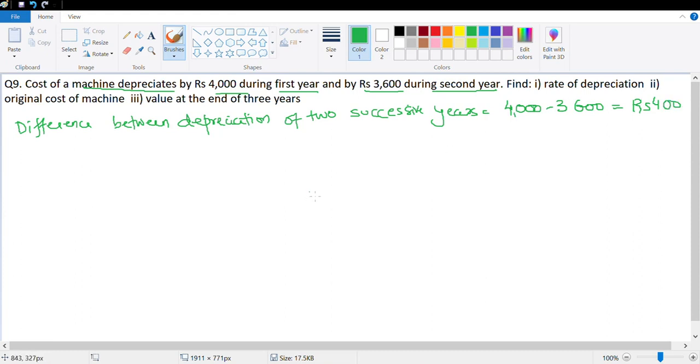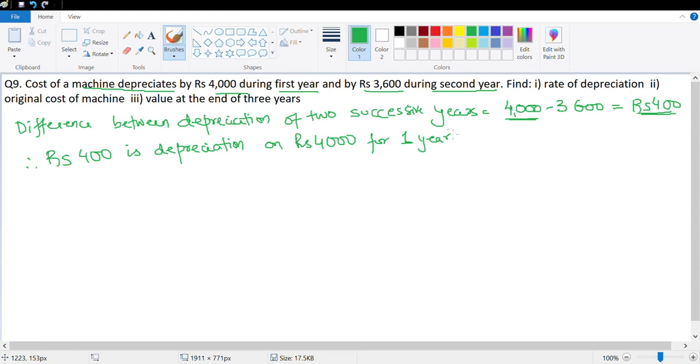Now, like we did in the interest question, basically 400 is the depreciation on 4,000 for 1 year. Therefore, rupees 400 is depreciation on rupees 4,000, which is the depreciation for the first year. The term is 1 year.